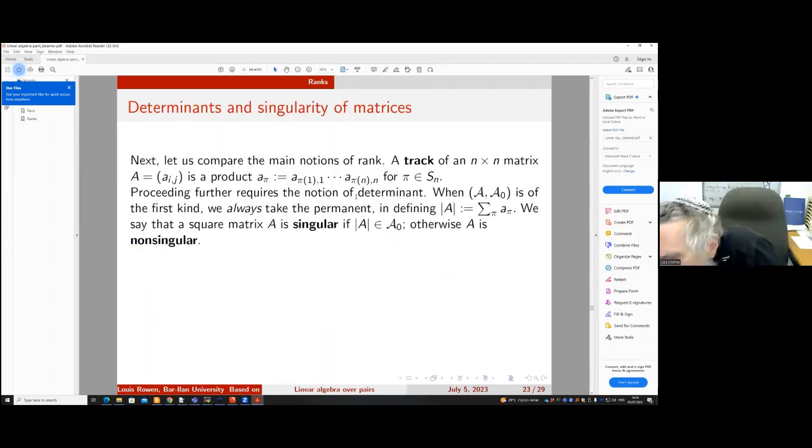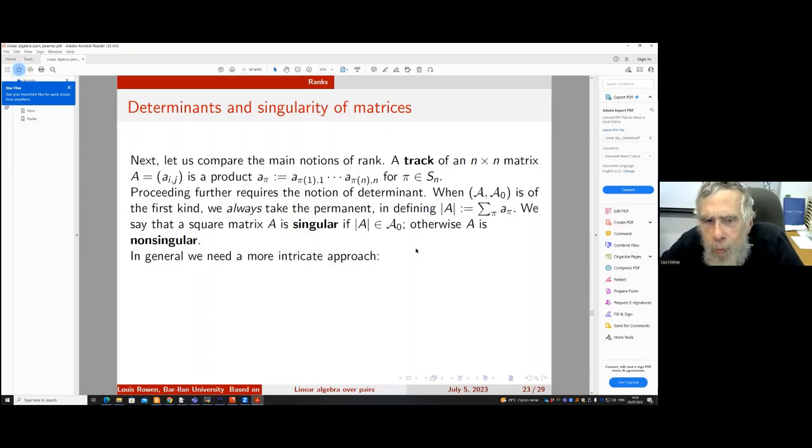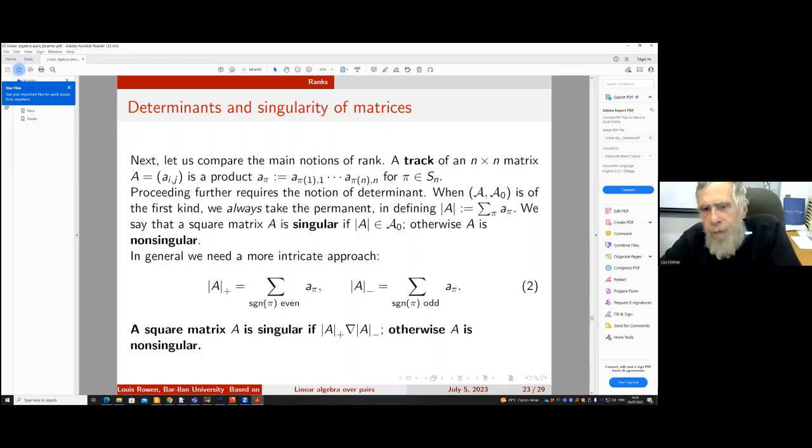Okay, so now what do we do for matrices? Well, you have a trace and you define the determinant to be the permanent in the first kind. For the second kind, you need a more complicated approach. You have the even permutations, which give you the plus part of the determinant, and the odd permutations, which give you the negative part.